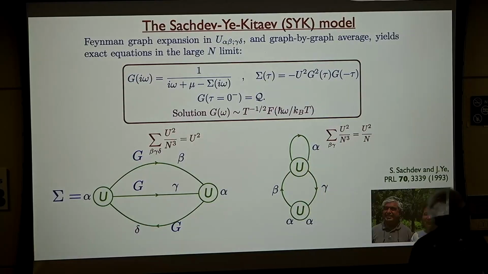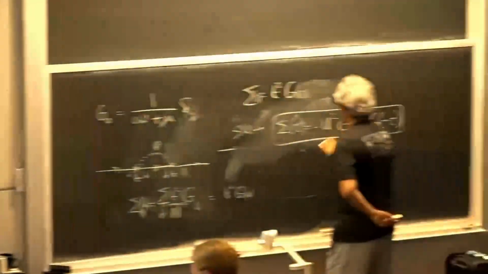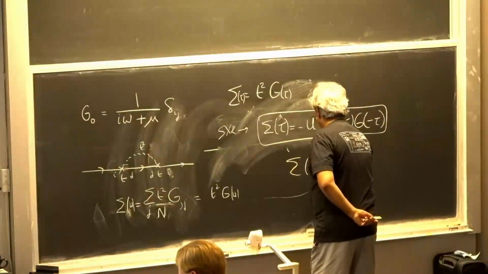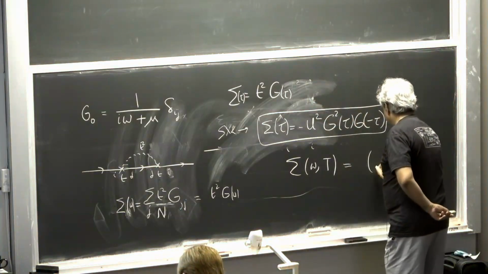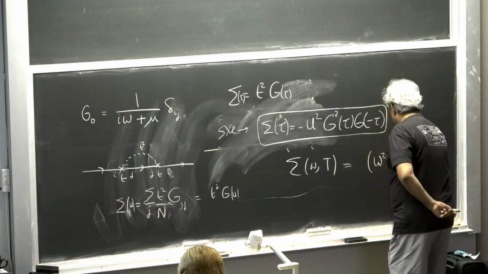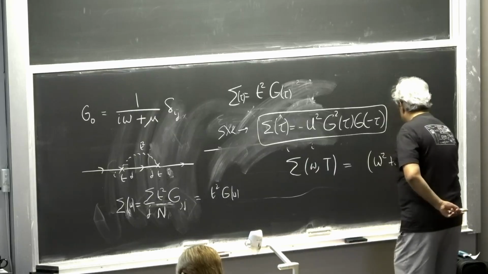Right. So for example, yesterday Dan wrote down sigma of omega and T. He said it's omega squared plus T squared with some constant here, all to the 1/2.